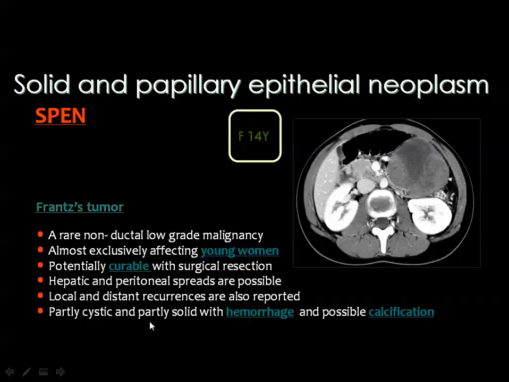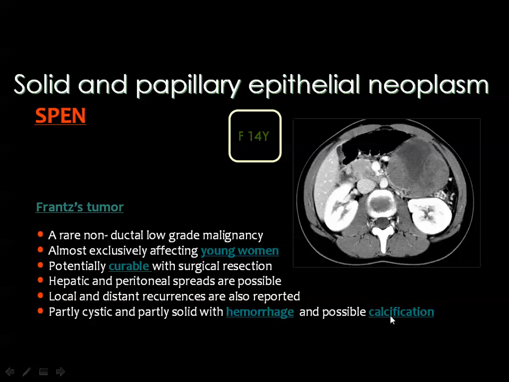Finally, we came to a tumor which is relatively rare, and occurs almost exclusively in young women. The tumor is a sizable lesion composed of solid and cystic components, and it may contain hemorrhage and calcification.